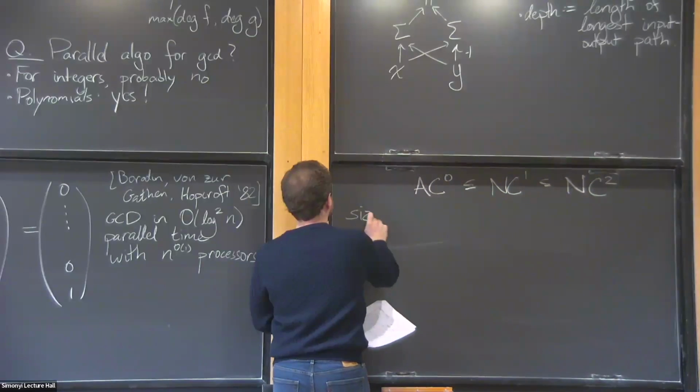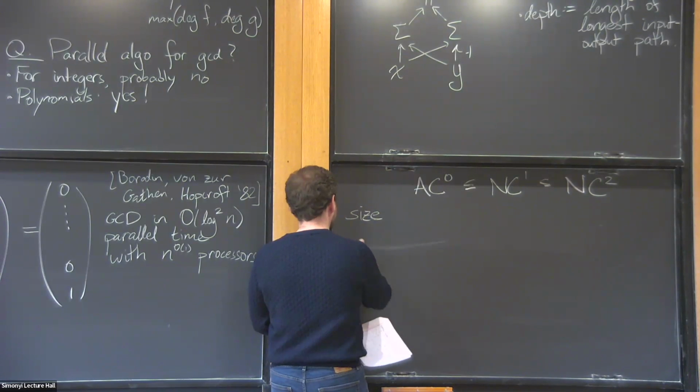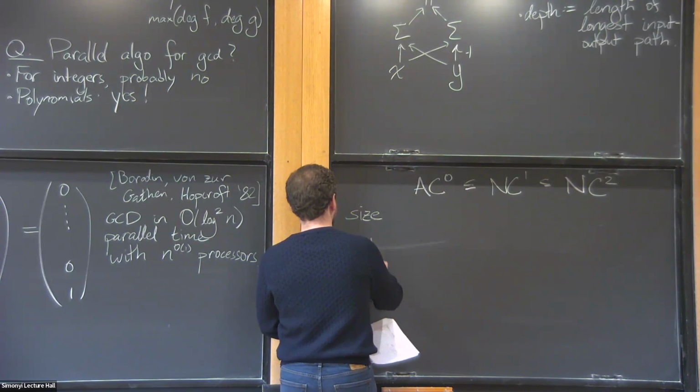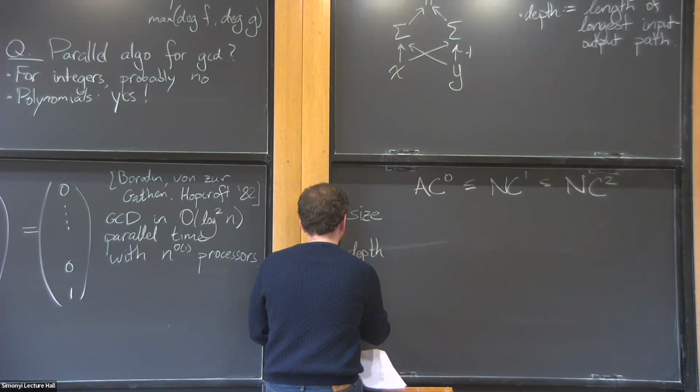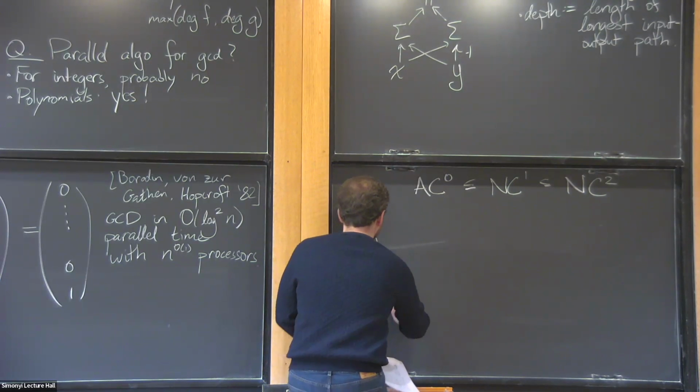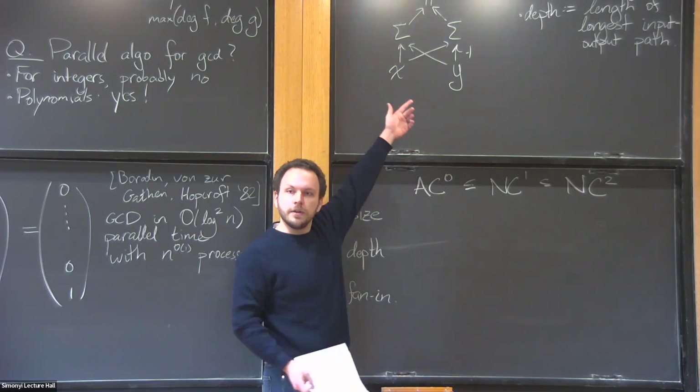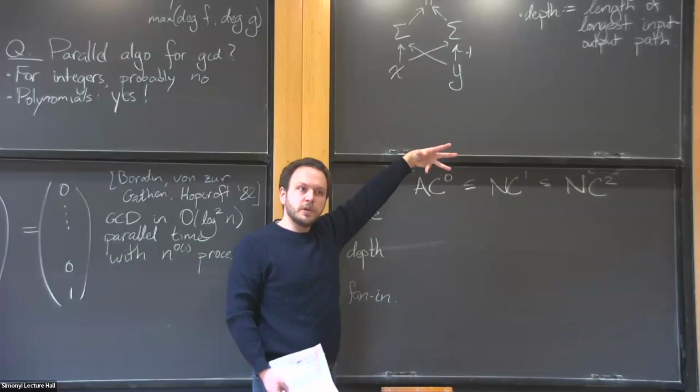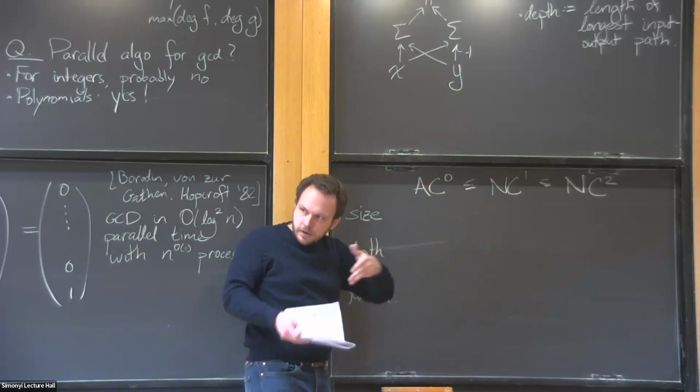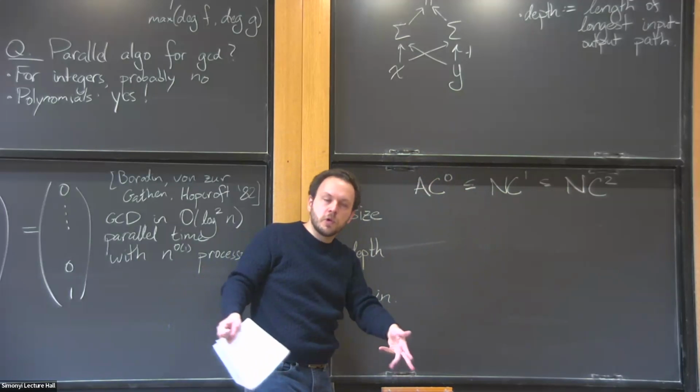They'll be defined in terms of restrictions on the size of the circuit, the depth, and finally the fan-in of the gates. In the circuit I drew, every gate takes 2 inputs, but you could consider circuits with much wider fan-in, with more inputs.